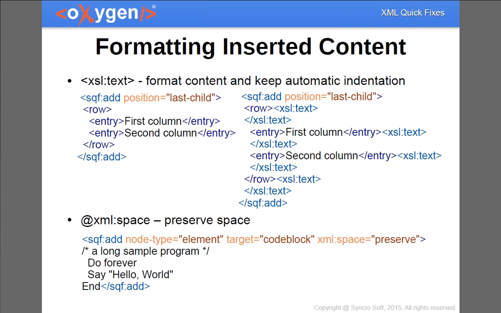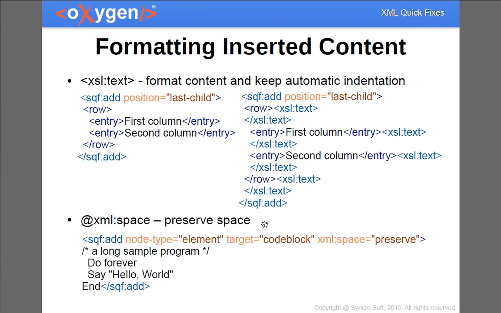And I have some examples here. Let's say you want to add a row, for example, with a couple of entries. If you want this row to look like this in the output, you need to add some new lines using xsl:text between the elements. Otherwise, the elements will be inserted on a single line.